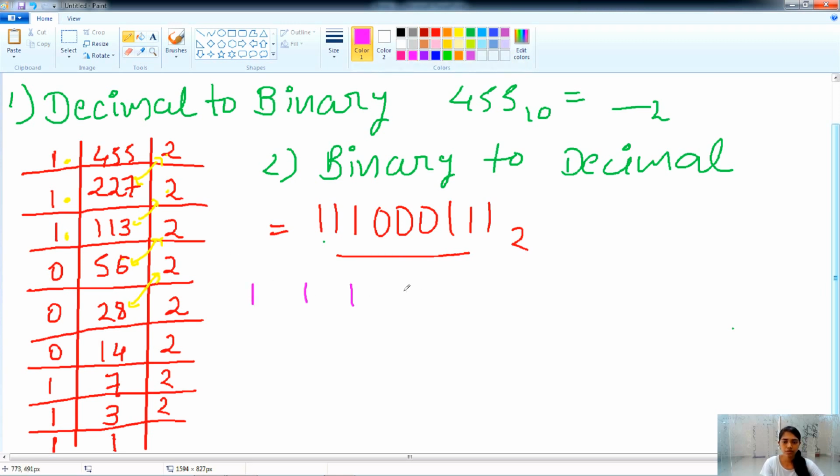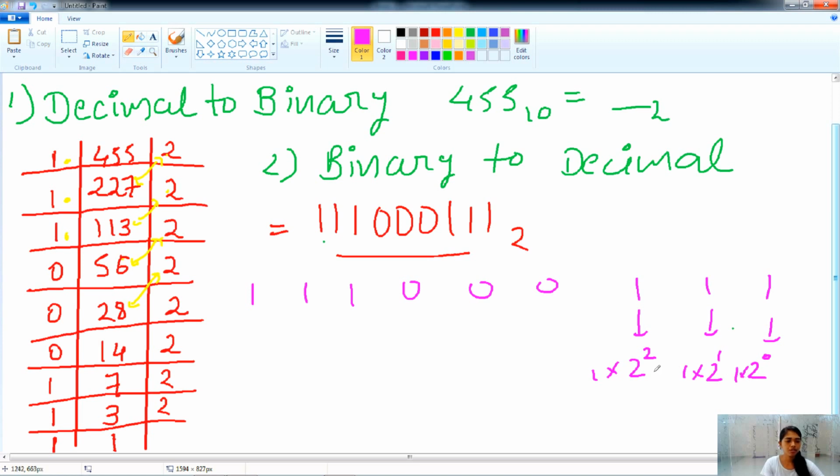This number is a bit further away, like we have done earlier. 1, 1, 1. This would give us 2 raised to 0. This would be 2 raised to 1. This would be 2 raised to 2. You have to multiply all this with 1, remember?